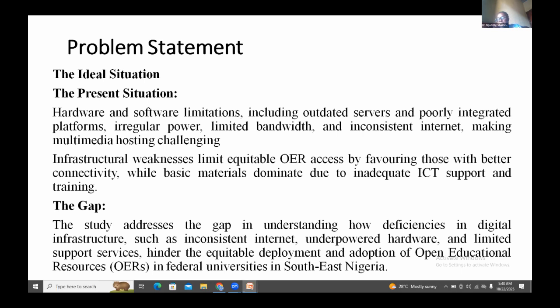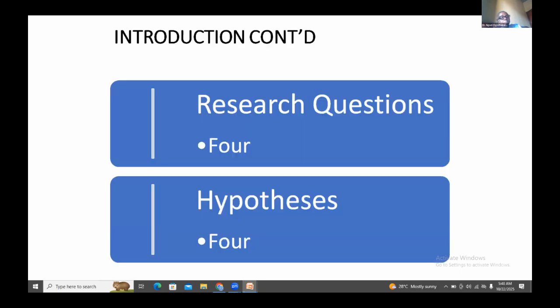Infrastructure weakness limits OER access by favoring those with better connectivity, while basic material dominates due to inadequate ICT support and training. The study addressed the gap in understanding how deficiencies in digital infrastructure, such as inconsistent internet, underpowered hardware, and limited support services, hinder the equitable deployment and adoption of open educational resources in federal universities in Southeast Nigeria.